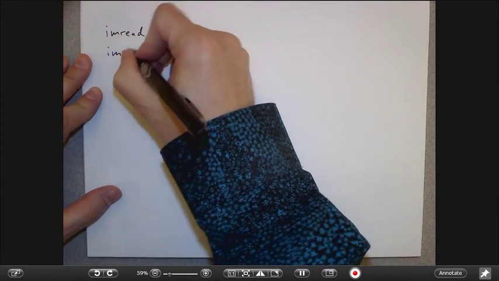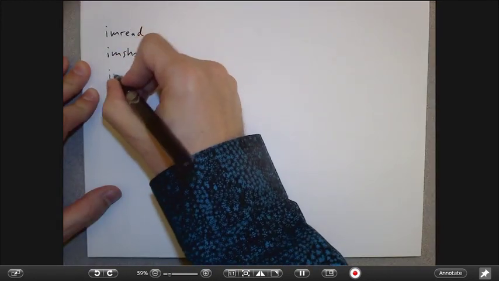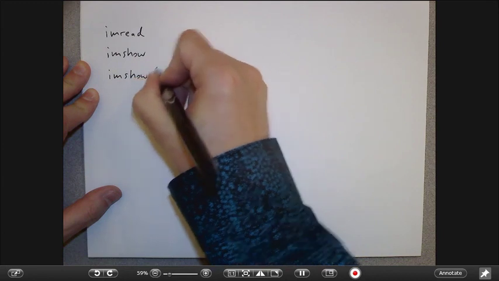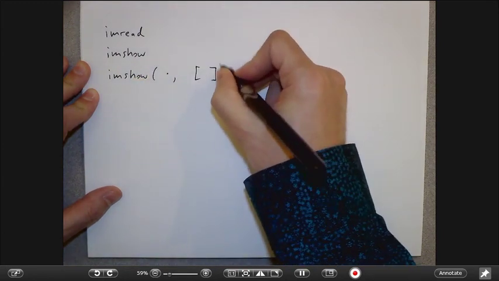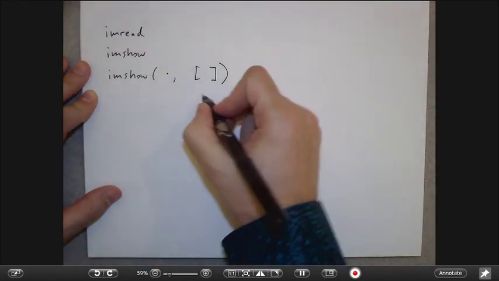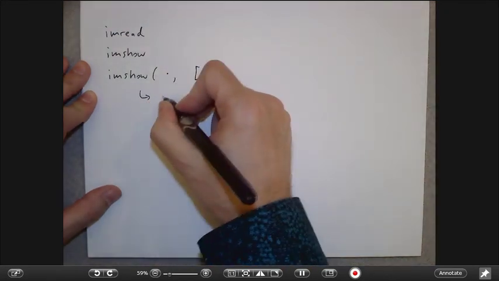So we talked about imread and imshow. I've been using those already. With imshow, I specify the image, and then I put brackets like this.